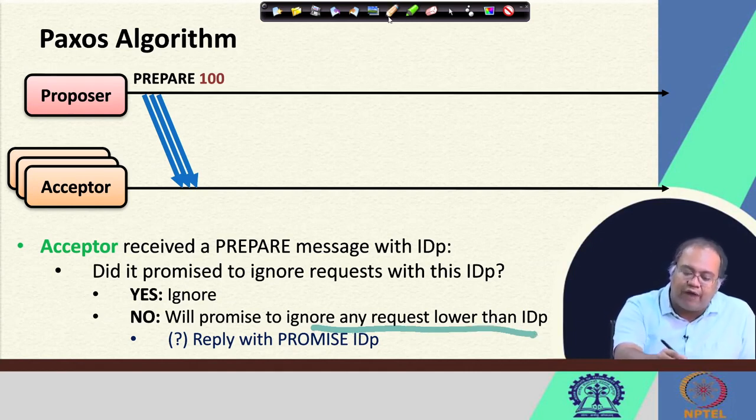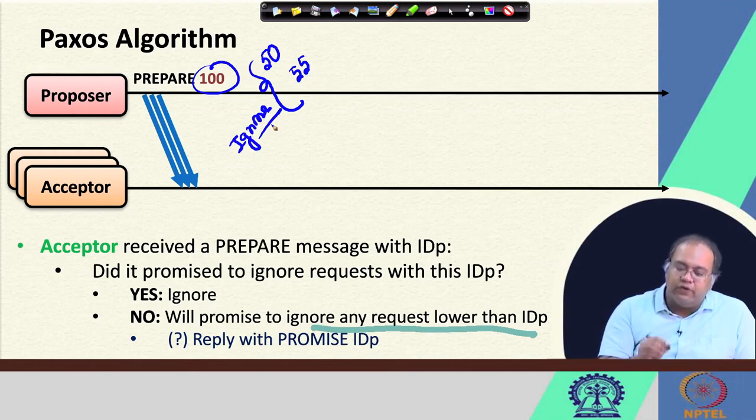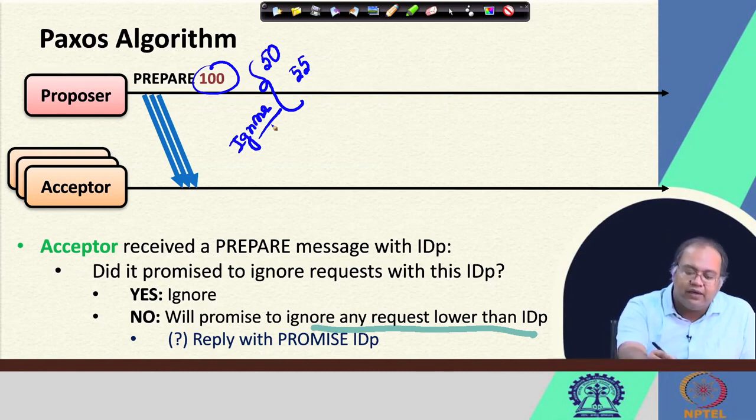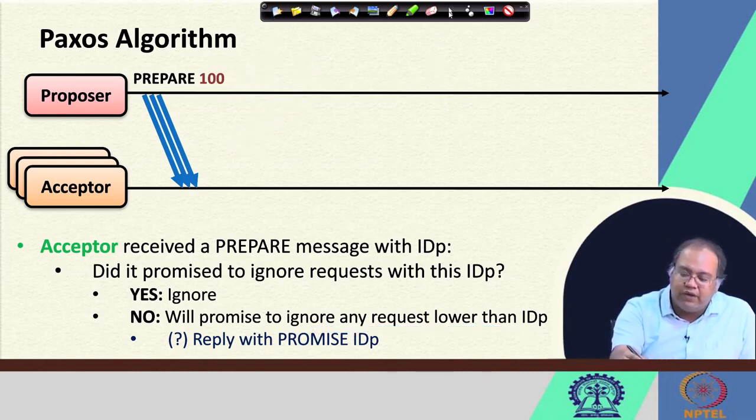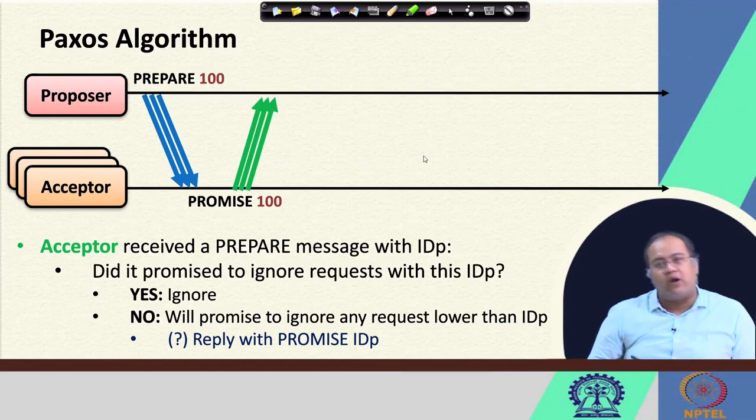That means, after promising with prepare 100, if another prepare comes with 50 or 55, then you are going to ignore them. So if you have not promised to ignore 100, then what are we going to do? You are going to reply with a promise message with this particular ID. So the acceptors will send the promise message.